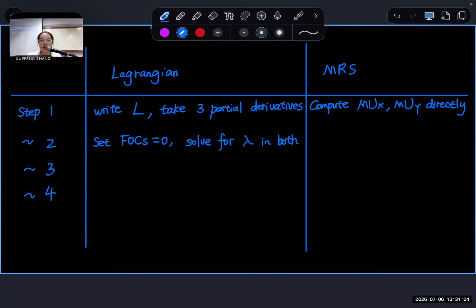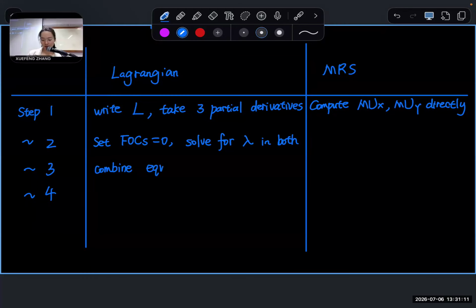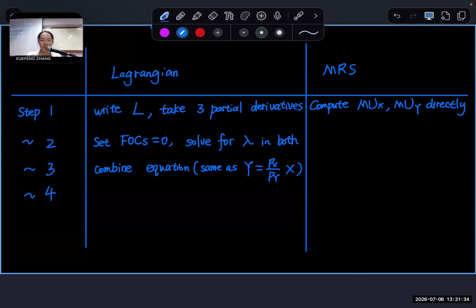Next step, we combine equations. After we combine the equations, we substitute into our budget constraint.